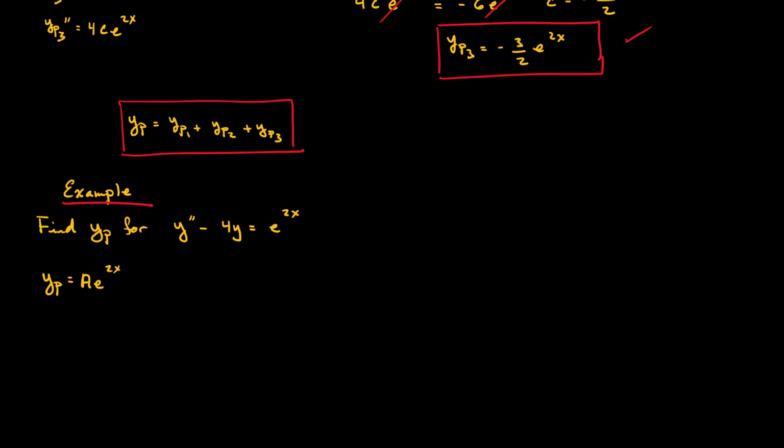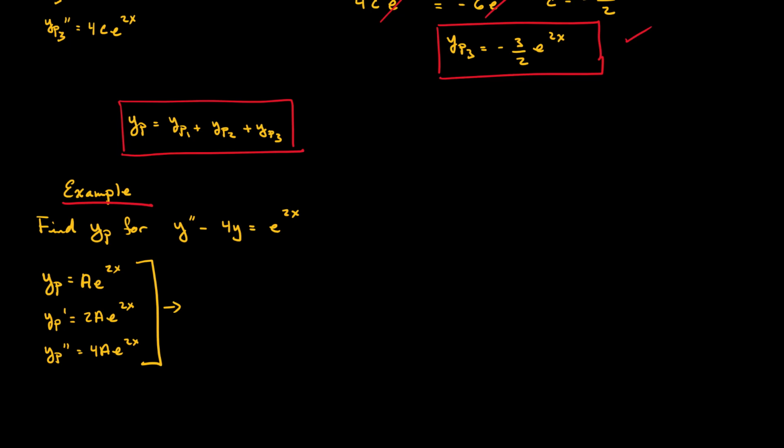So let's go ahead and use this. So we have yp prime, and that is equal to 2a e to the 2x. And the second derivative, yp double prime, is equal to 4a e to the 2x. So we substitute this into the ODE.